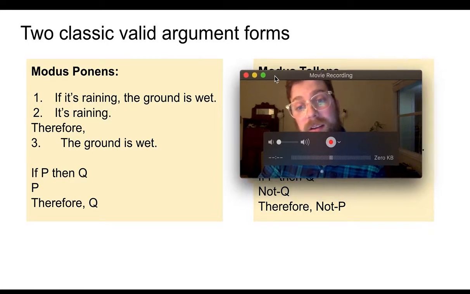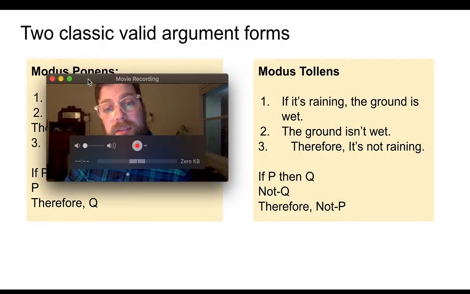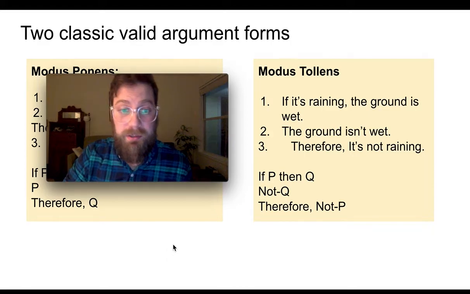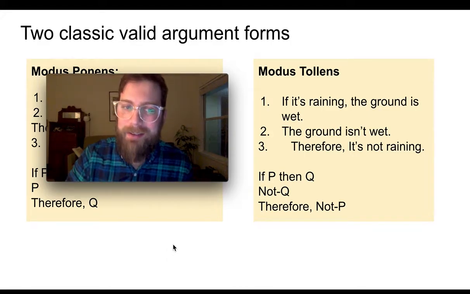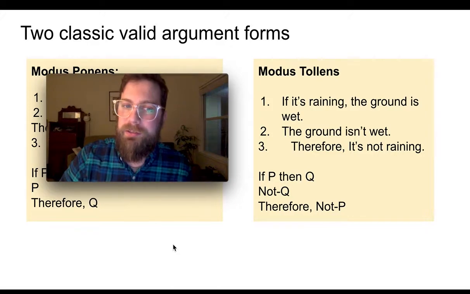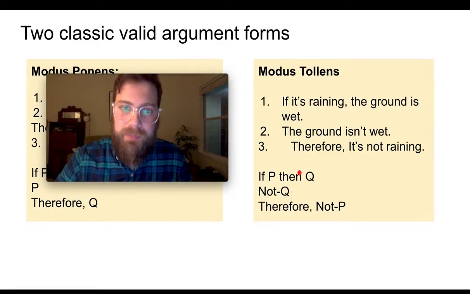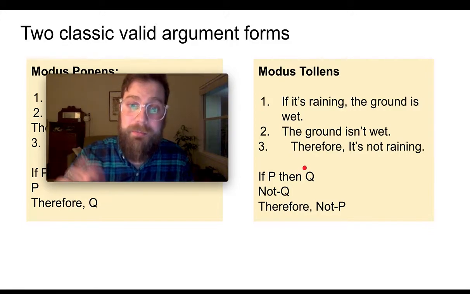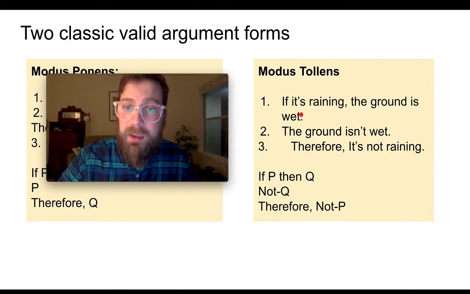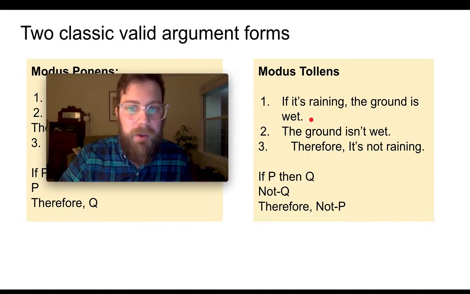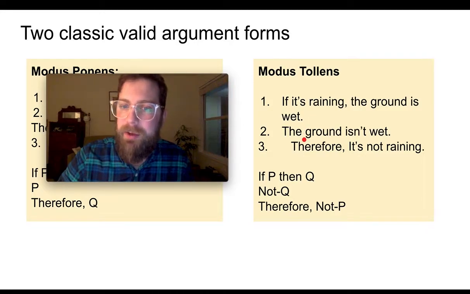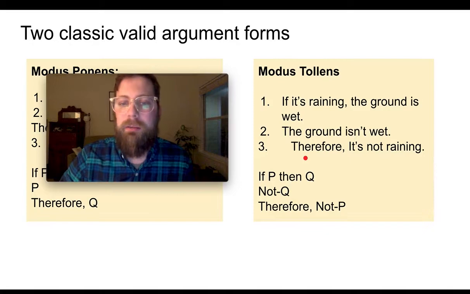Now let's look at another one. This argument is called modus tollens. Again, another fancy Latin name, but it's good to have these concepts available when you start thinking about philosophical arguments. So here's how modus tollens goes. It says, if it's raining, then the ground is wet. But then somebody says, well, the ground isn't wet, therefore it's not raining.